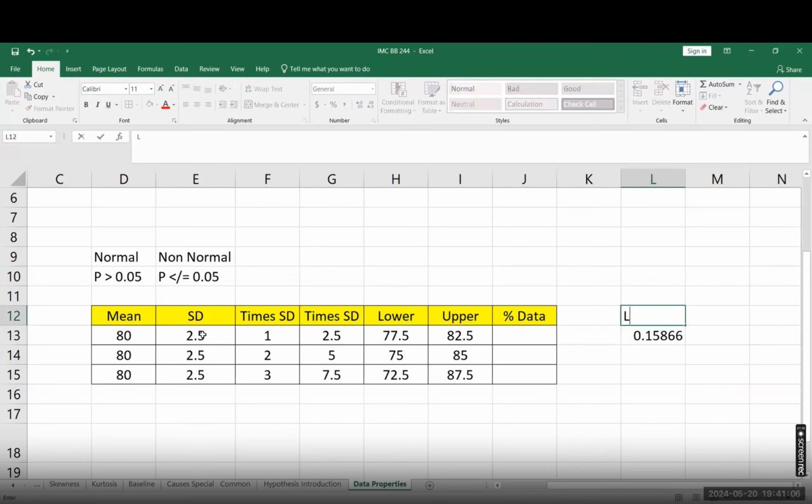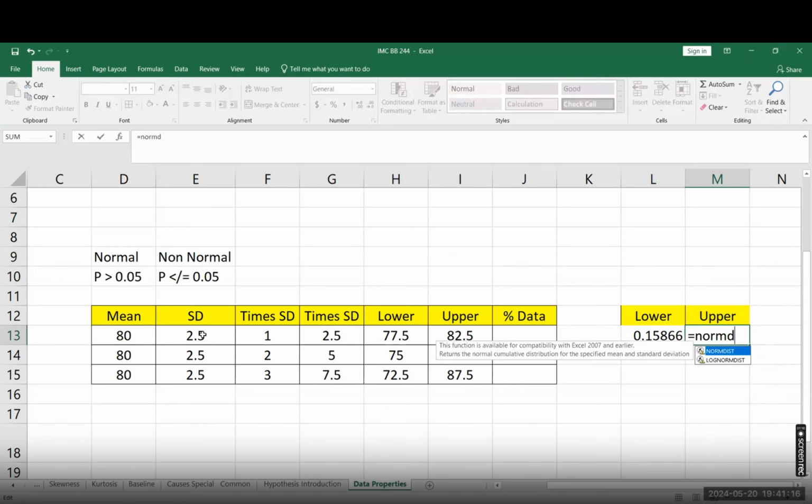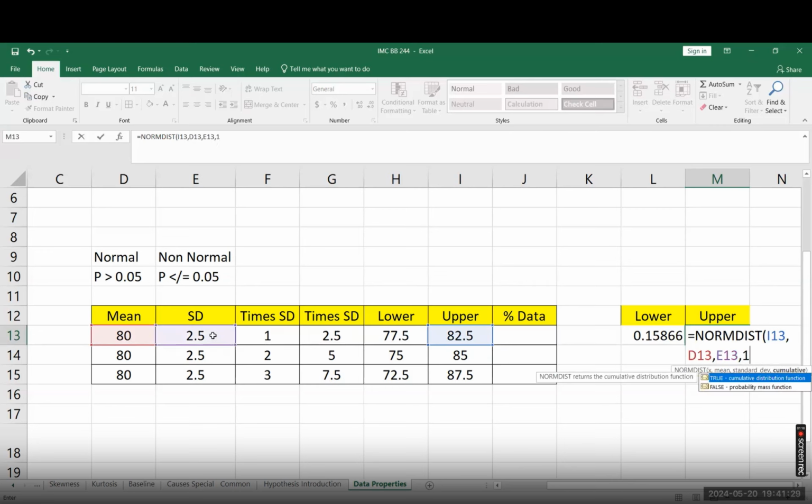Upper side, if I calculate with the same formula, so NORM.DIST, X value is 82.5, mean value is 80, standard deviation is 2.5, cumulative is 1.